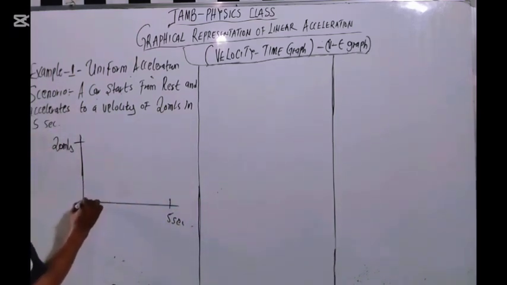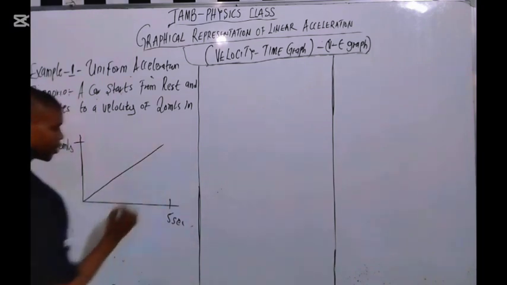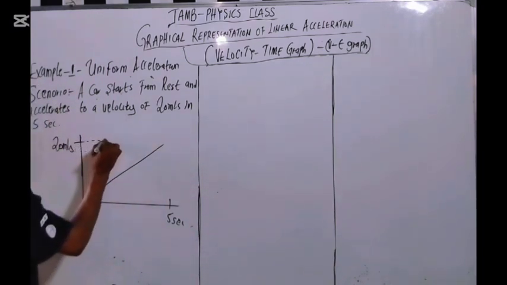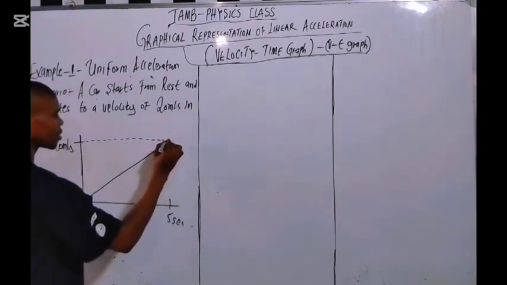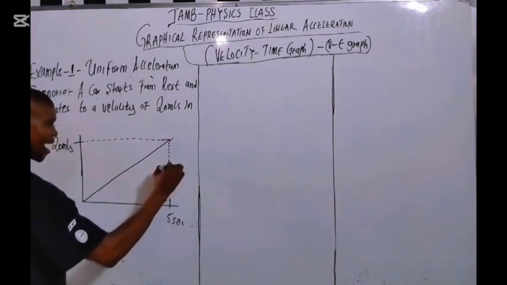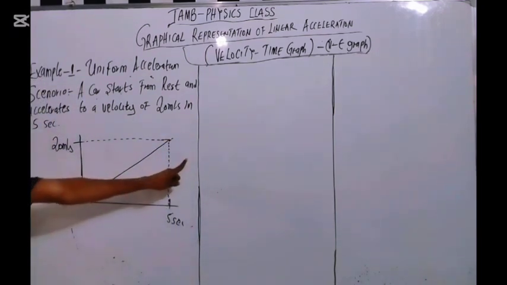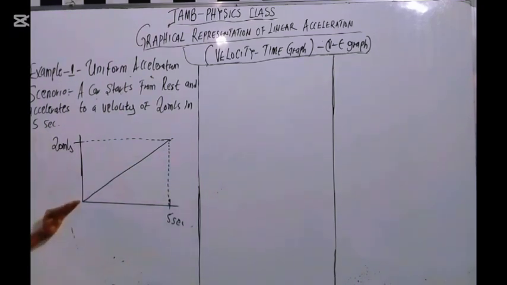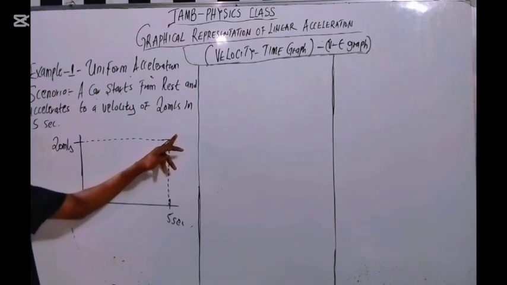So it accelerates to this point here. Here we have the 20, and here we have the 5 seconds. They say it accelerates from rest, so a velocity of 20 at this time.